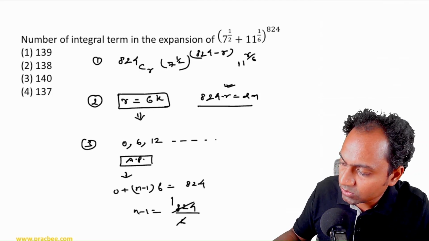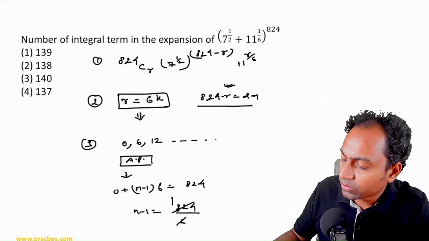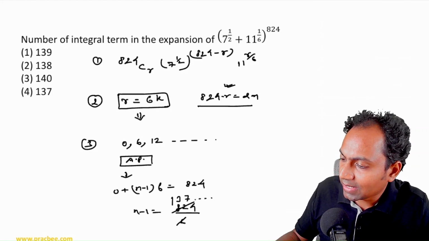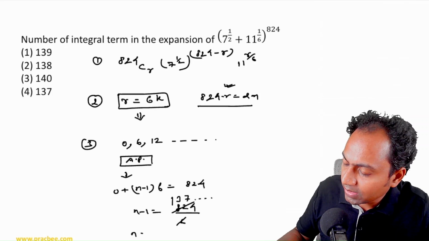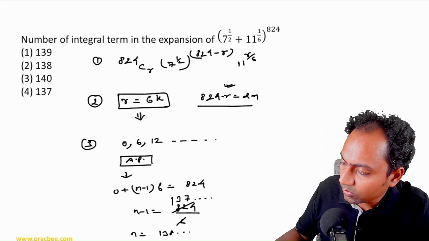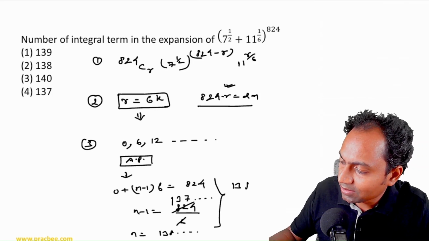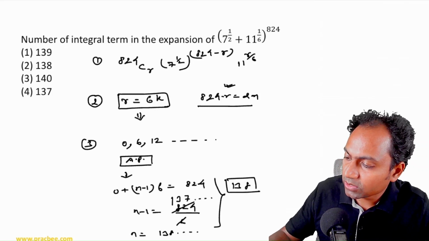So 6 times 1, and then 22. 6 into 3 is 18. Then 44. 6 into 7 is 42 and point something. So you can see that in this case, the value of n comes out to be 138 point something. So how many numbers would be there? There would be 138 terms. So you can see the option comes out to be option 2.